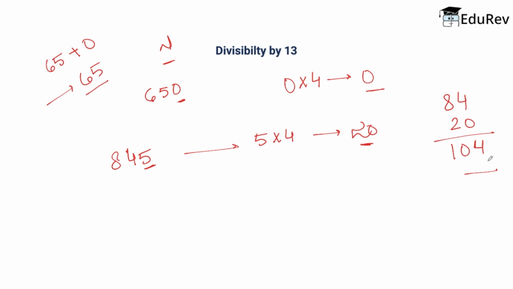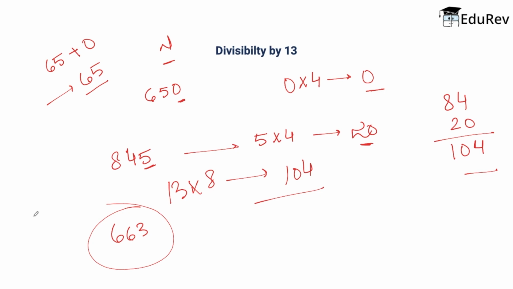And we know that 104 is divisible by 13 because 13 times 8 is 104. So this is how we check whether a number is divisible by 13 or not. I hope you understood this. Now for practice, just check a number, let's say 663. Try this out on your own.